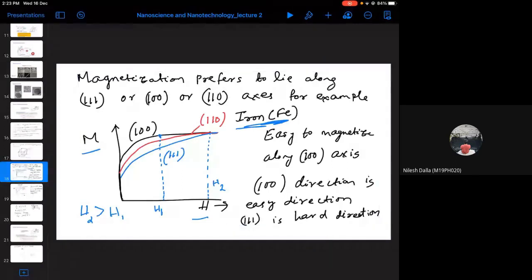Okay, so that means you have to apply a very high field to saturate it along other directions. So therefore this 100 axis, for iron, is known as an easy axis, or that is the direction of your anisotropy axis, and the other directions you can call a hard axis or semi-hard axis, and so on.